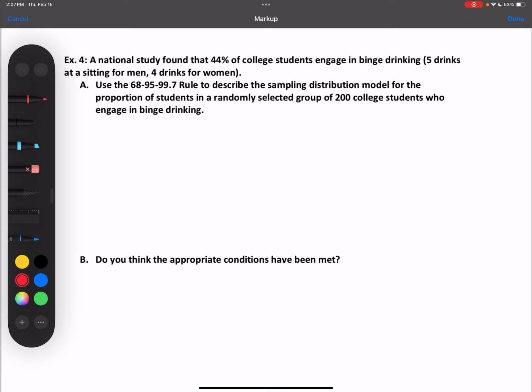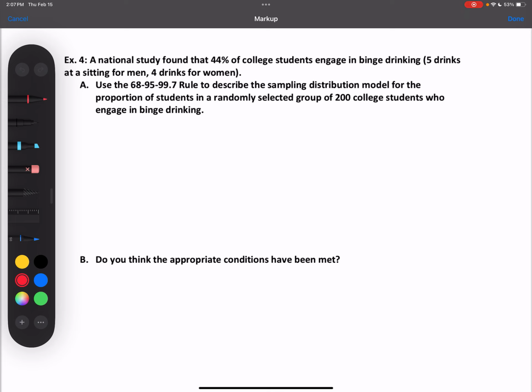Let's start that college we discussed this morning: 5 drinks for a man, 4 drinks for a woman. Use the 68, 95, 99.7 rule to describe the sampling distribution model for the proportion of students in a randomly selected group of 200 college students who engage in binge drinking.